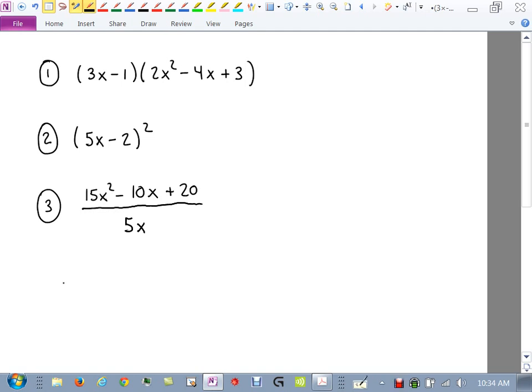The first 2 are just multiplications. The last one is a division of a polynomial divided by a monomial.